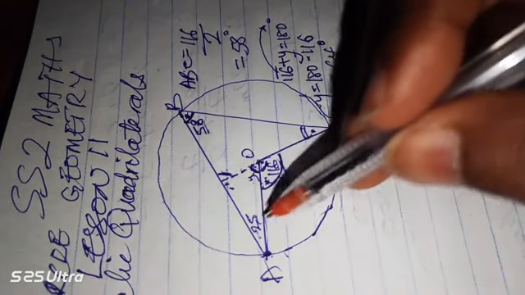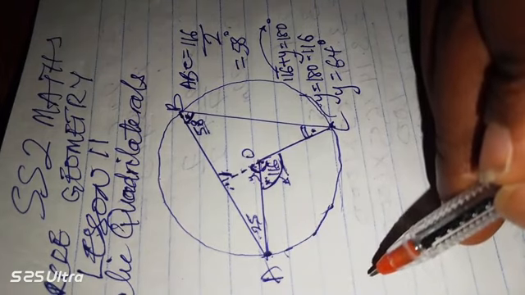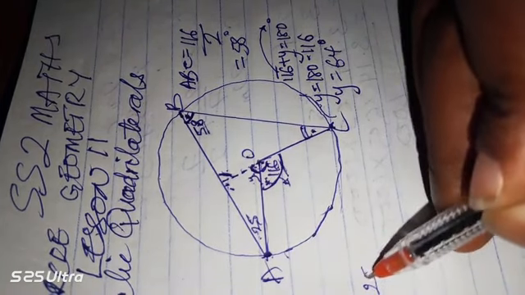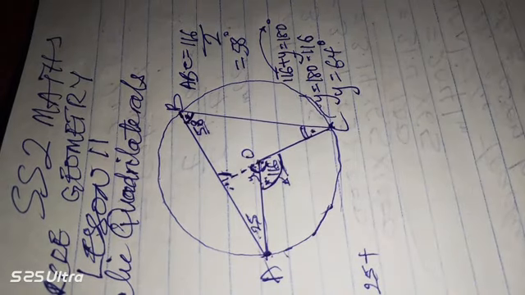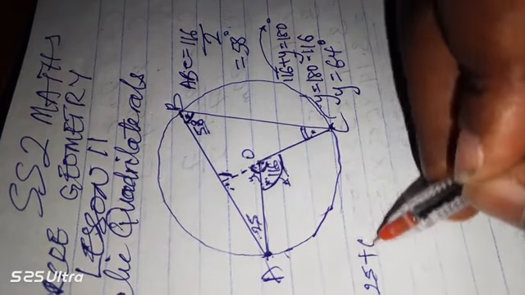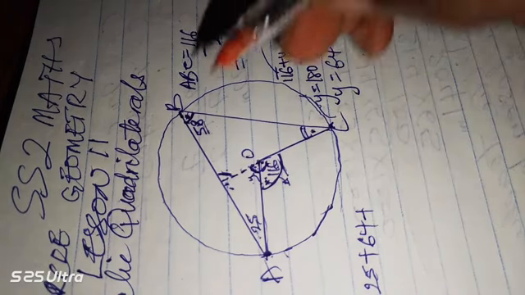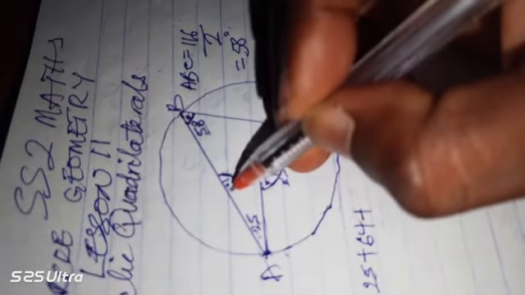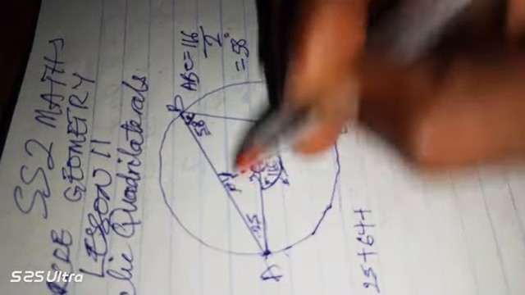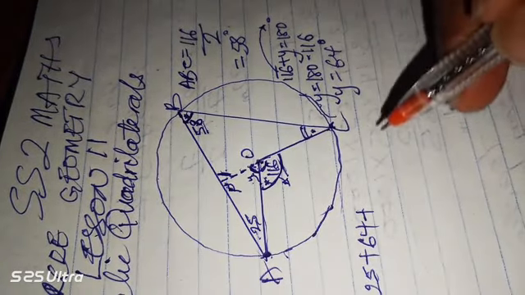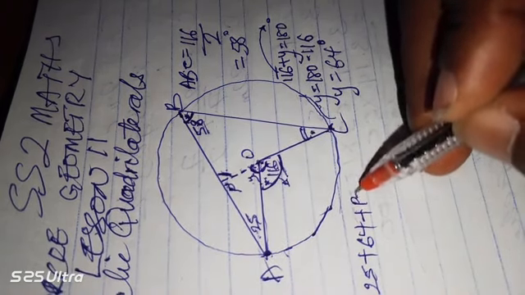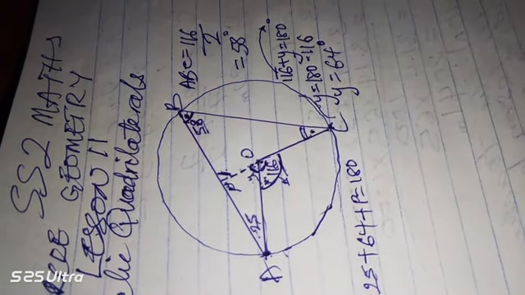That is 25 plus 64 plus, let me call this angle P, plus P equals 180.